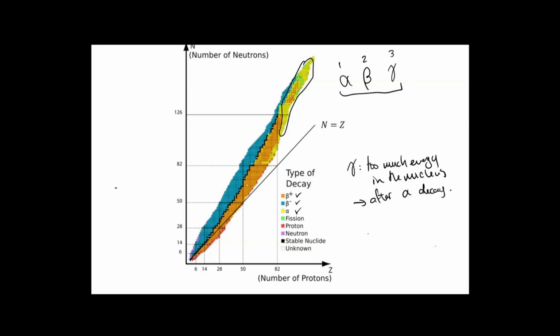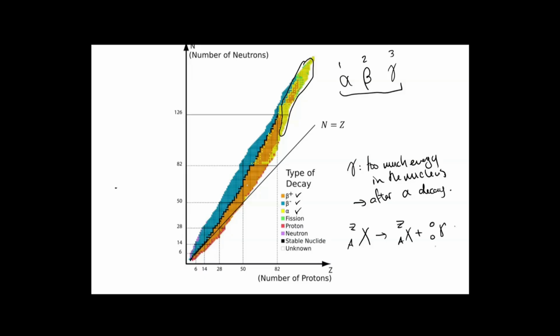So if we have some element and it has a gamma decay, I can't remember which way we're supposed to do that, it's going to have the same mass number, plus it's going to have 0, 0.